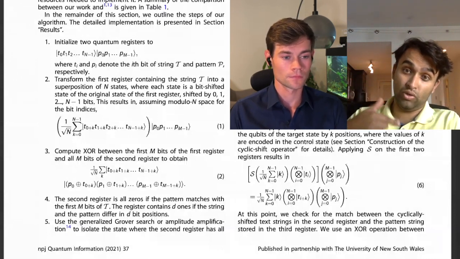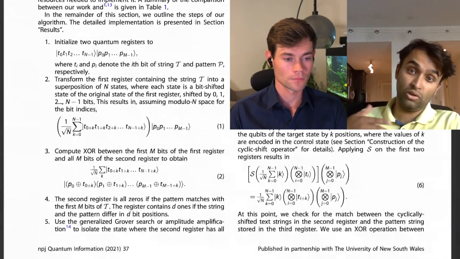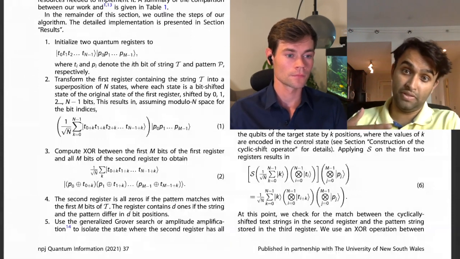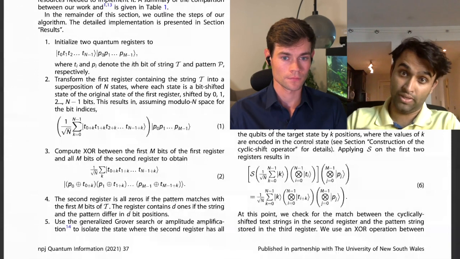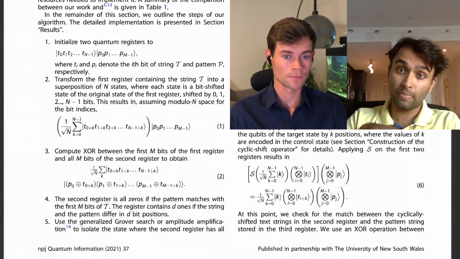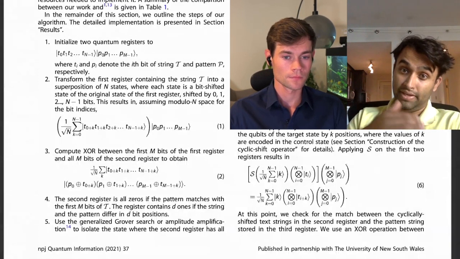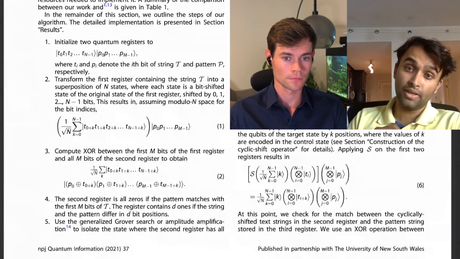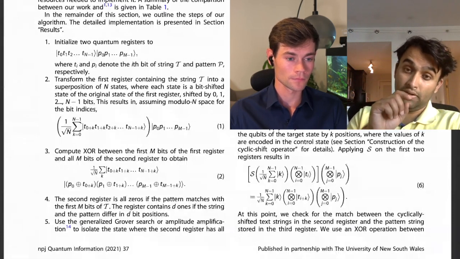And what does XOR do? The XOR of two strings is zero if the two strings are complete matches. Otherwise, the XOR value is not zero.